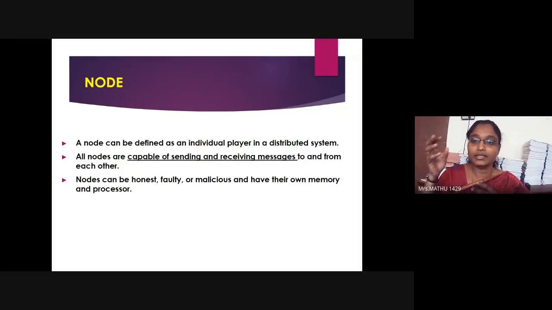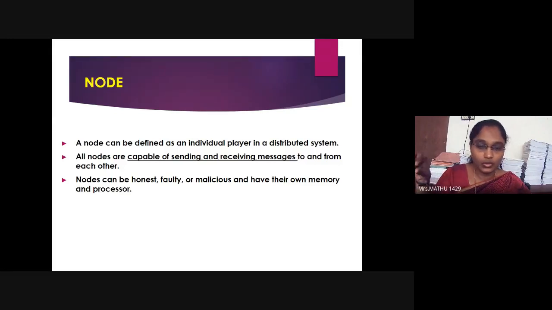The characteristic of these nodes is that they can be honest, they can be faulty, or they can be malicious. What is the meaning of this? We will see with an example later, but for now, for example, when you do some transaction, you know that some third party may hack your transaction, right? That node is also part of the network.